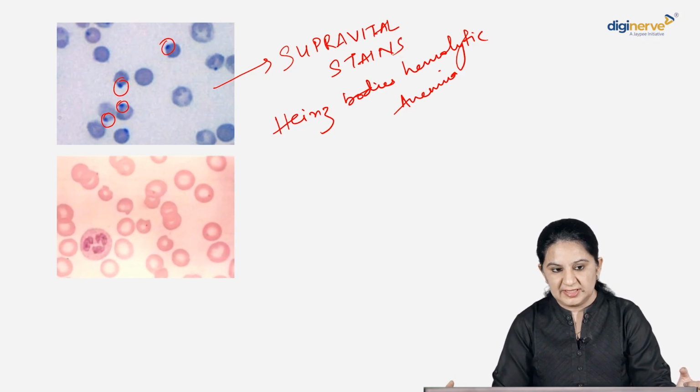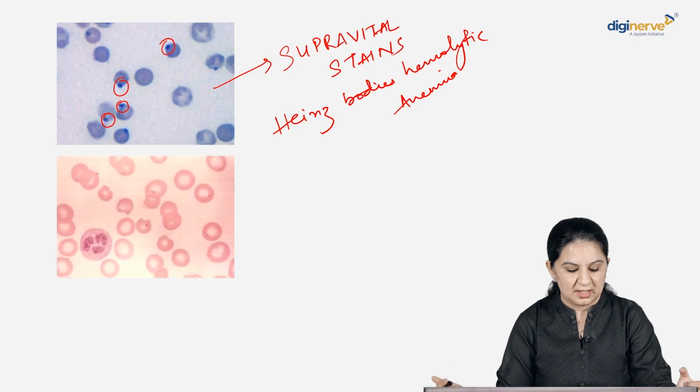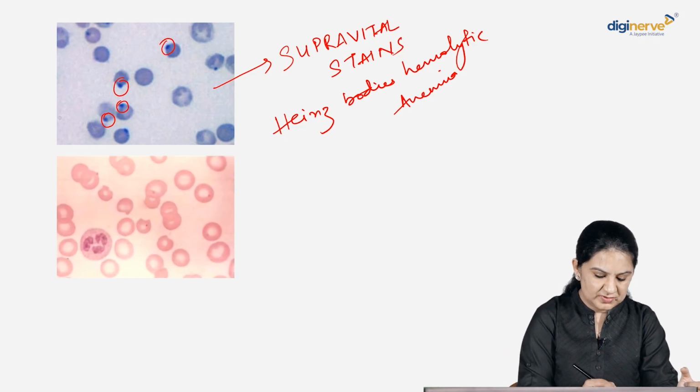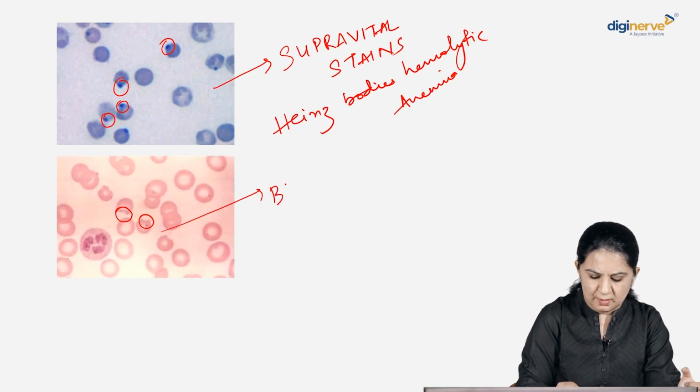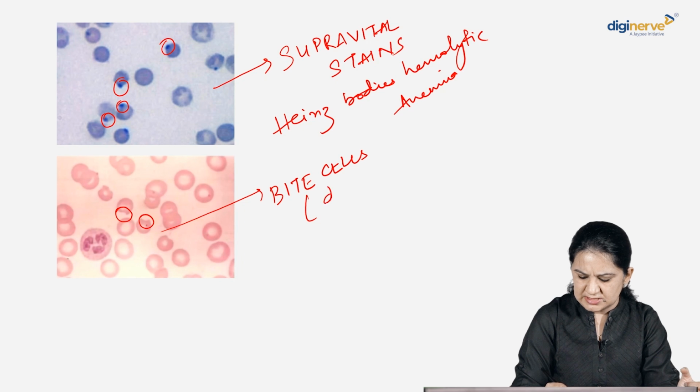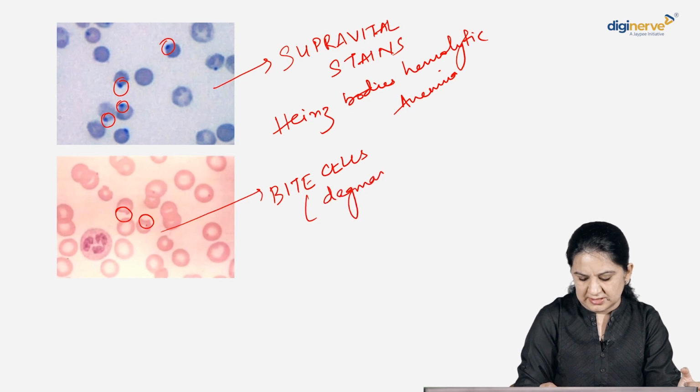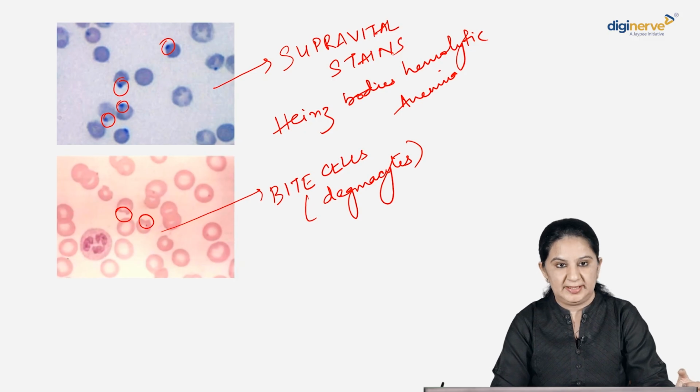Why? Because they have been taken off by the spleen, as if they have been bitten off. So, these cells are known as bite cells. Another name for bite cells is degmacytes. An important question.